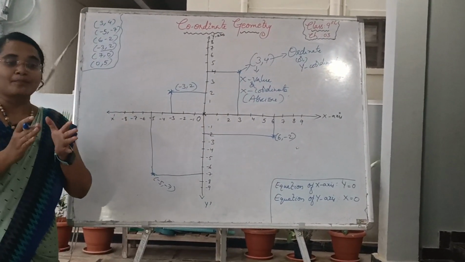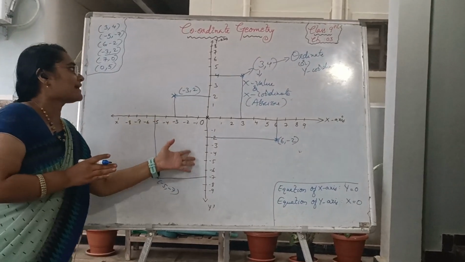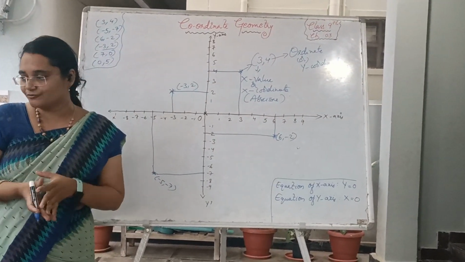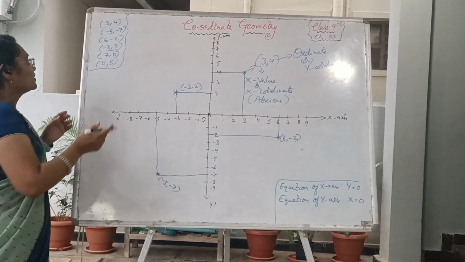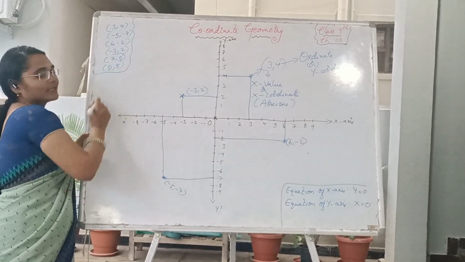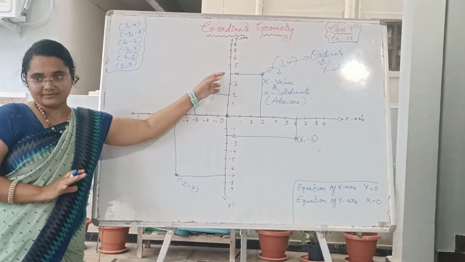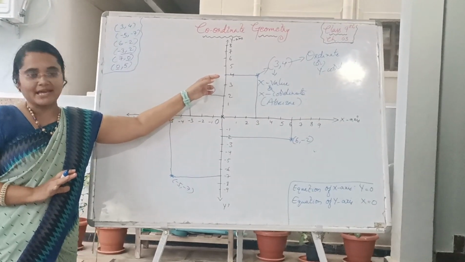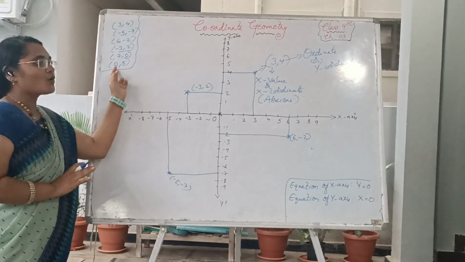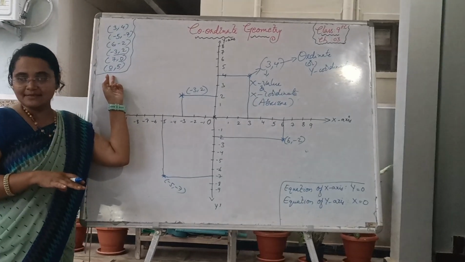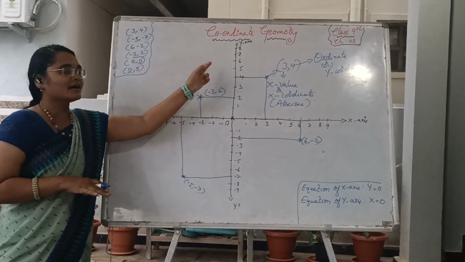But when the point is on the x-axis or y-axis, then you get confused. How can we know? Whenever you see 0 in the x place, the point will be located on the y-axis.